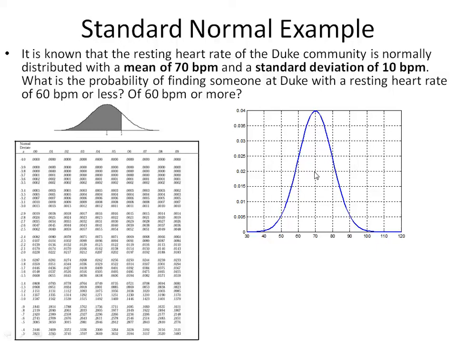So from our example before, that means that 68% of the people in the Duke community have heart rates within one standard deviation of the mean. So that would be between 60 and 80. But again, it's worth noting that this distribution we have here is not a standard normal distribution, so we have to apply this Z transformation we were talking about.